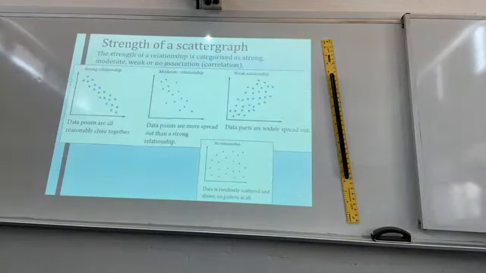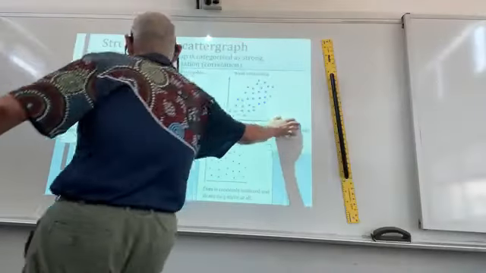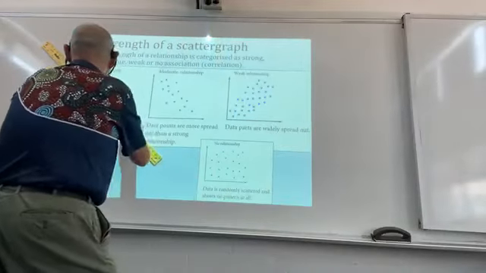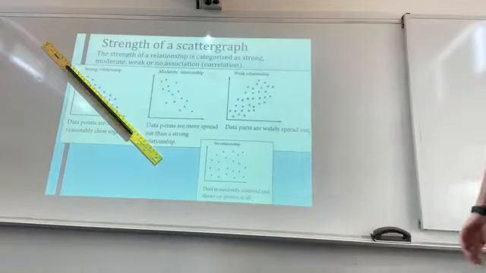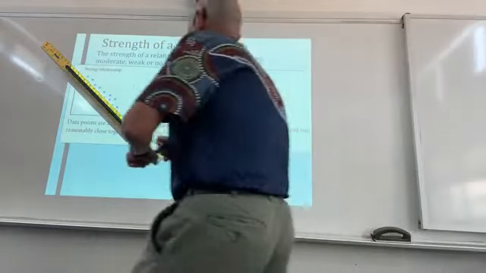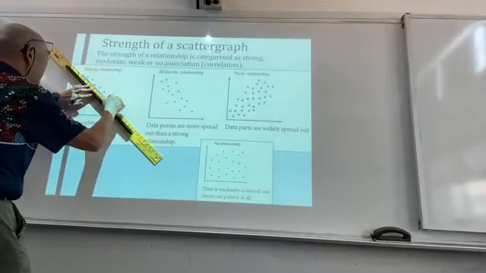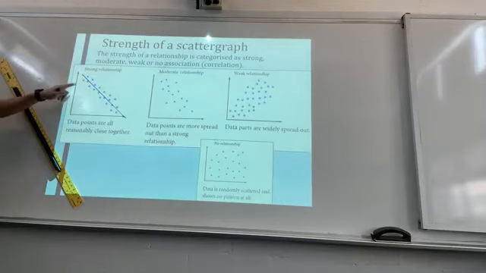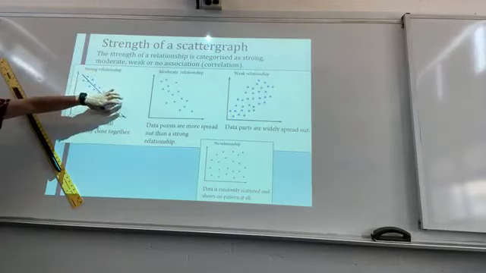All right, strength. You have to be able to discuss whether it is a strong, moderate, or weak relationship. Strong is when you can see that if you fit a straight line in, the dots are pretty much close to the line.